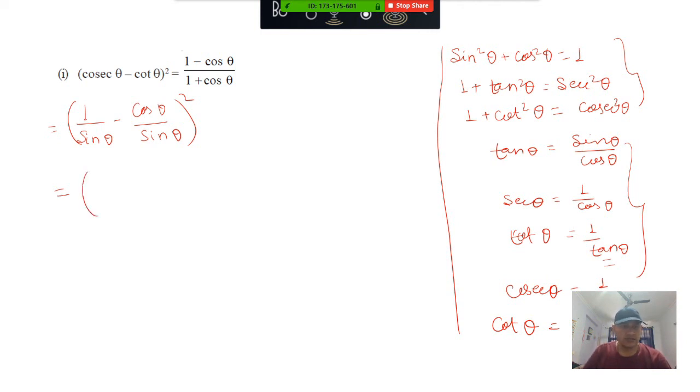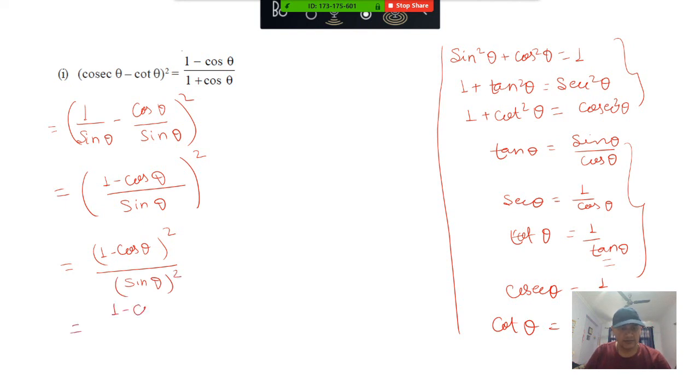So here sin theta will be the LCM, and you get 1 minus cos theta, correct, and square here. So next you get 1 minus cos theta whole square upon sin theta whole square, and we write this sin theta whole square as sin square theta.